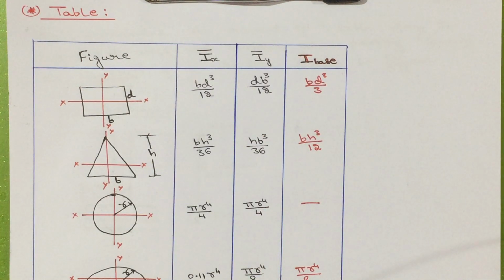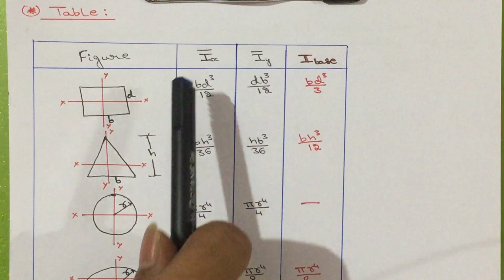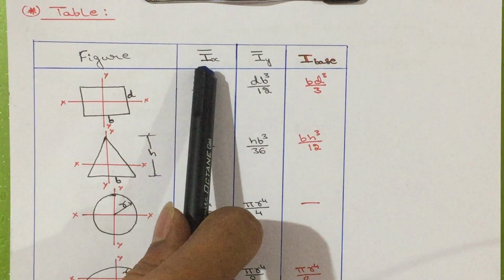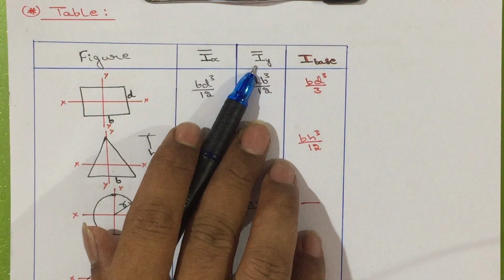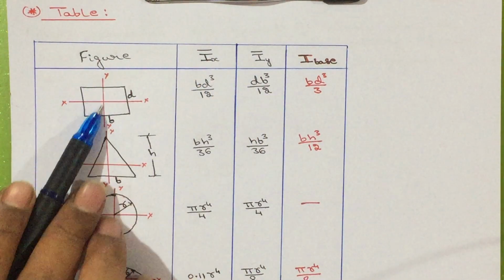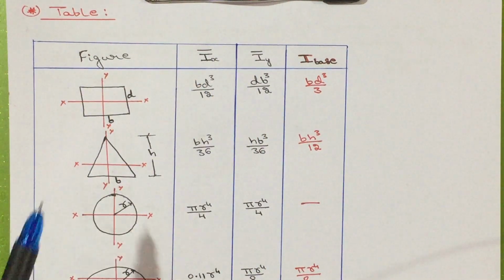Now, to solve the problem, we should know the table, nothing but the moment of inertia of some standard geometrical figures. I x bar is the moment of inertia with respect to centroidal x axis, whereas I y bar is the moment of inertia with respect to centroidal y axis.